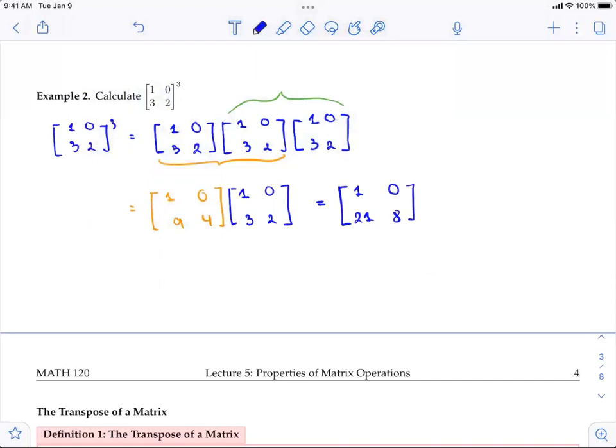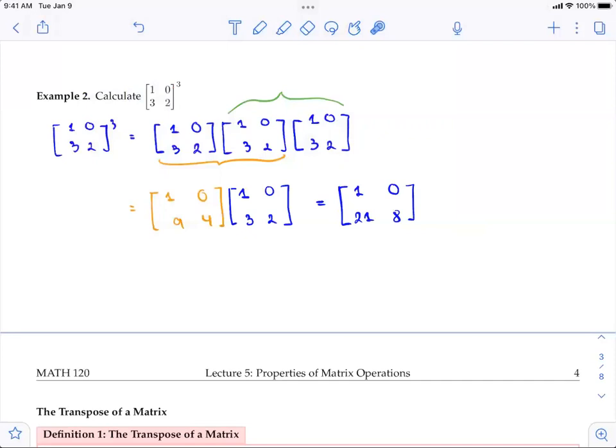When you raise a matrix to a certain power, you basically list it out the number of times required, in this case 3 times, and do the multiplications multiple times to get the answer.